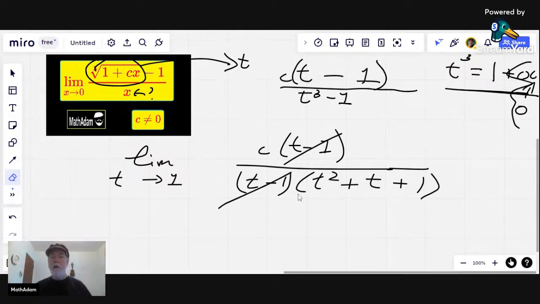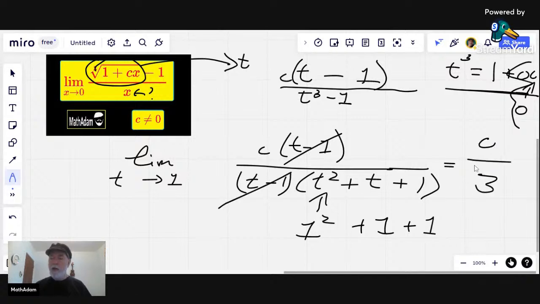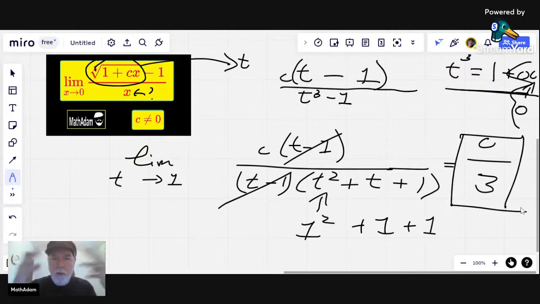Okay, beautiful. So now we can plug 1 into all of this. So this becomes 1 squared, which is 1, plus 1, plus 1, which is, of course, 3. So our limit is c over 3, which is exactly what we got when we used the derivatives, but we got it without them, which is so cool.